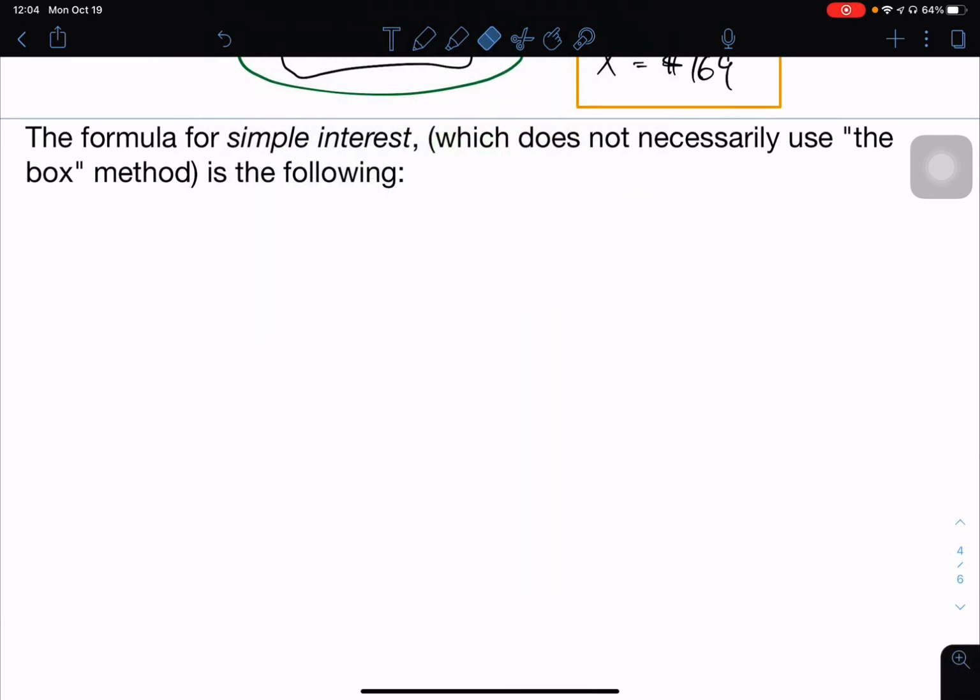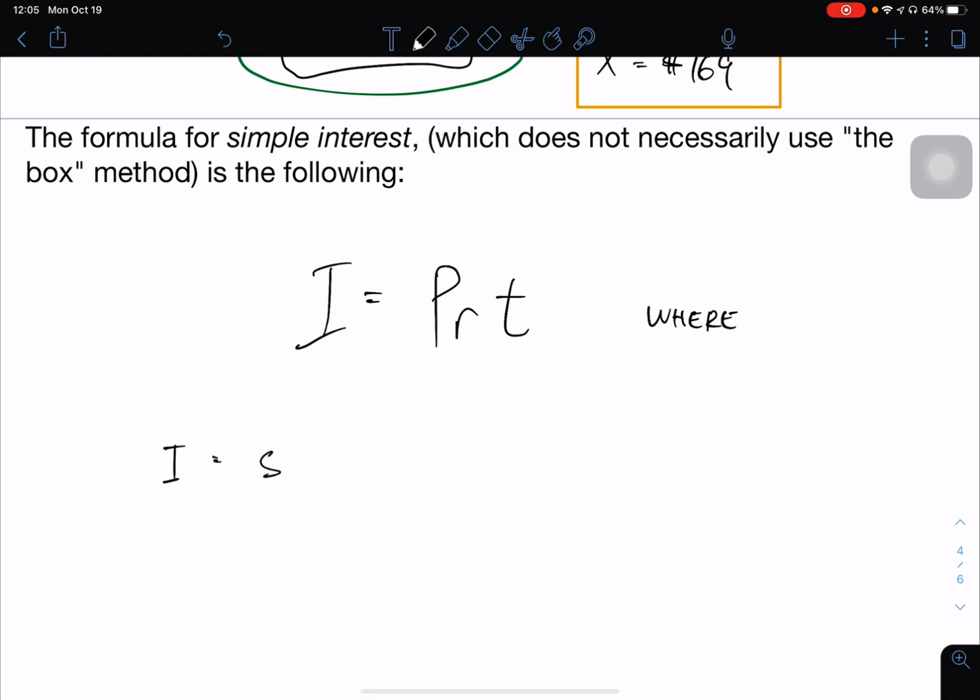I equals PRT, where what? I equals simple interest. This is always a dollar amount.